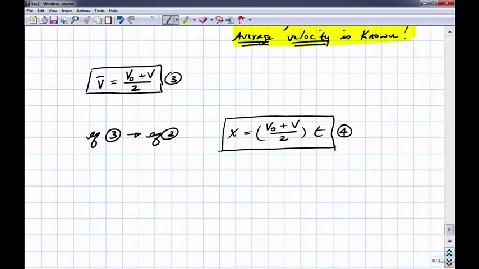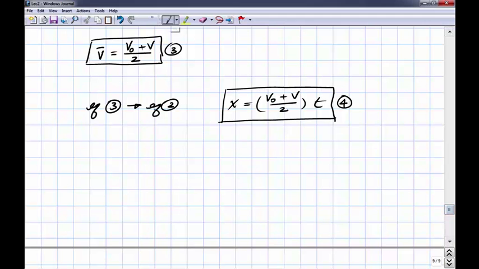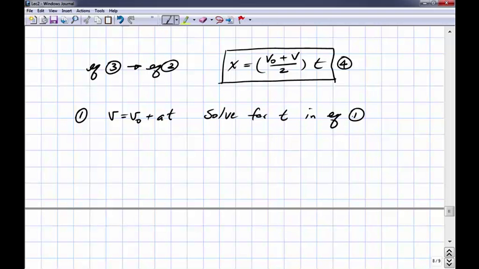Let's bring back equation number 1 now. If you recall, equation 1 looks like this. What I'd like to do now is to solve for t in that equation. Okay, so to do that, we'll subtract v0 from both sides.